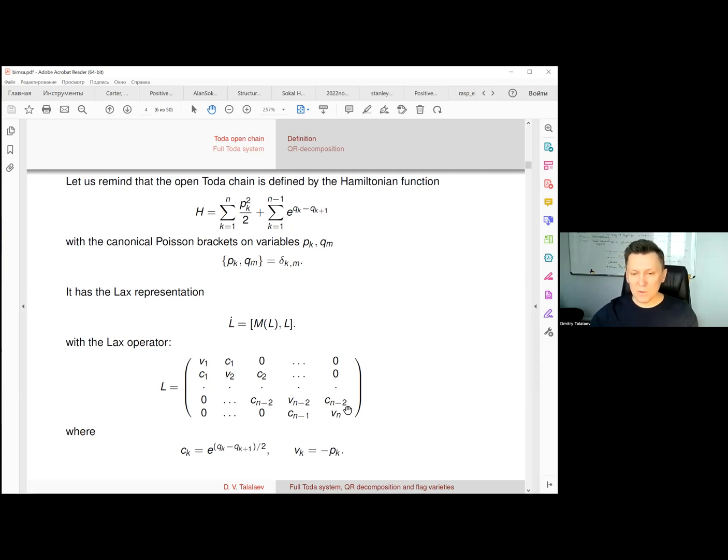The matrix coefficients are called the Flaschke coordinates in the theory of the open Toda chain. They are given by these formulas. The Hamiltonian, which defines the principal Hamiltonian flow, is a spectral invariant of the Lax matrix, given by the trace of the square of the Lax matrix.